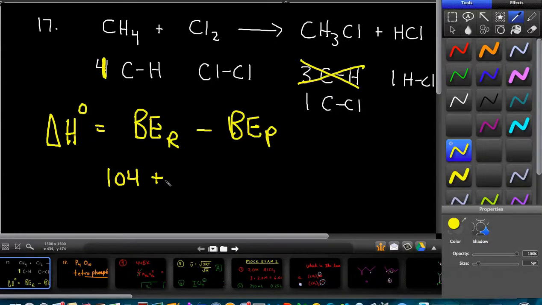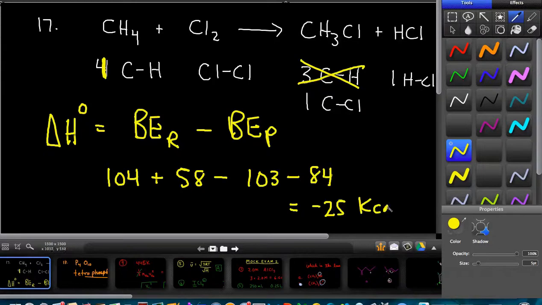A Cl-Cl bond is 58. A C-Cl bond is 103. And an H-Cl bond is 84. And when you simplify this, you're going to get minus 25 kcals per mole. And that is credited response B.